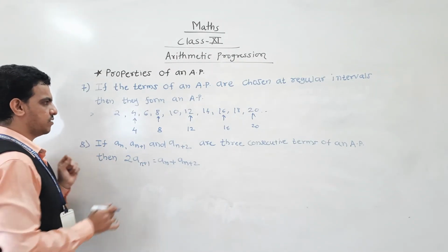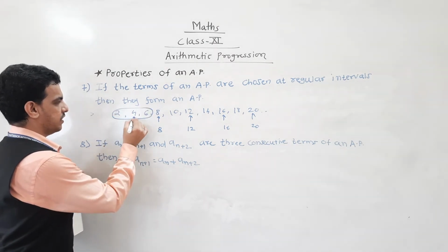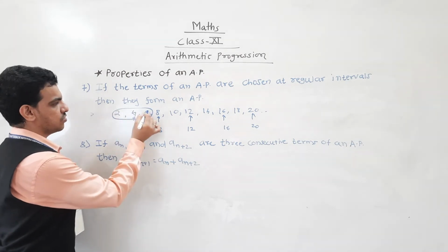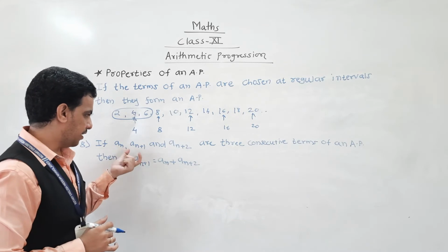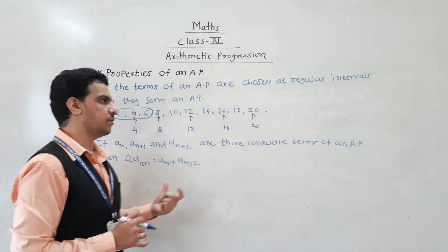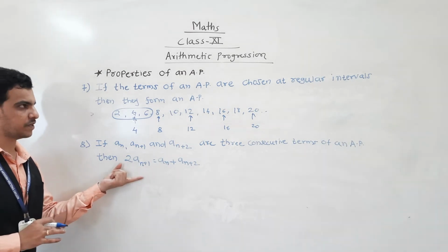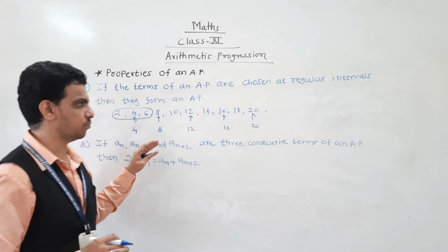Suppose I am taking these 3 consecutive terms of this AP, then 2 into 4 is 8, which is equal to 6 plus 2. So for any 3 consecutive terms of an AP, we can write this. Understand these properties. So write all the properties in your notebook.